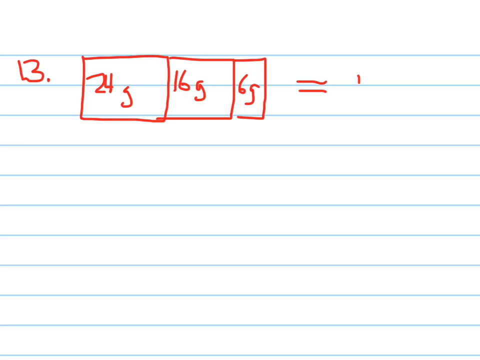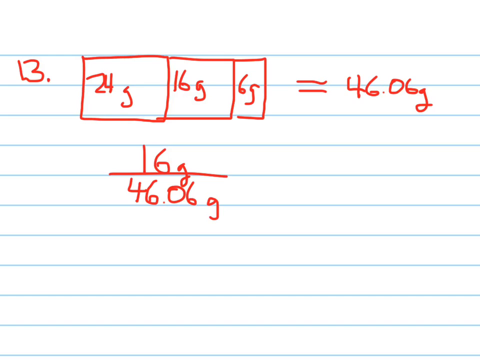The whole thing weighs 46.06 grams. And of that 46.06 grams, 16 grams of those are oxygen. So we take our 16 and we divide it by 46.06, multiply by 100%.